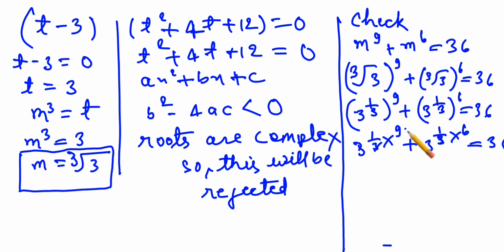The 3 cancels: 3 times 3 is 9 and 3 times 2 is 6.